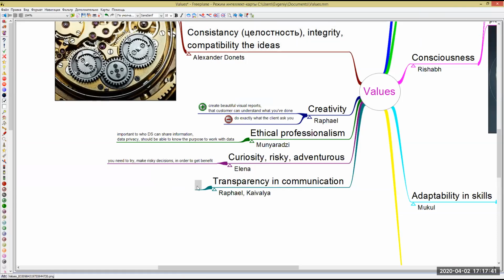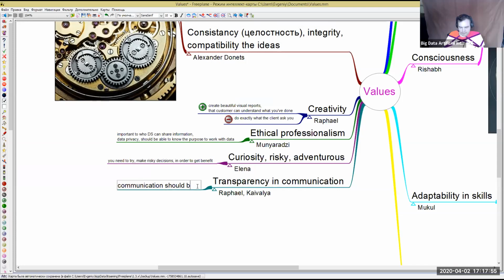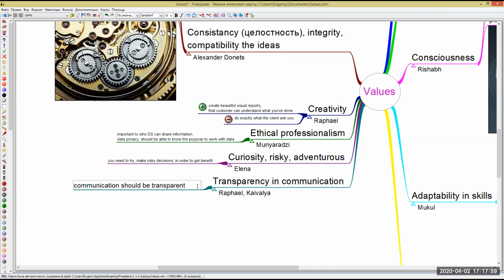Like there are different departments in companies, so communication should be transparent. If one department is providing data to another, it should be transparent without our own variations which come in when the communication travels from person to person.